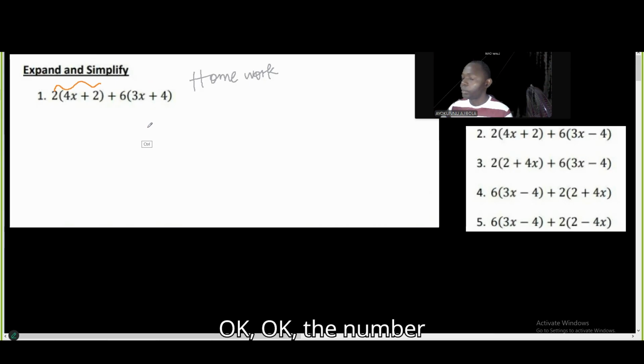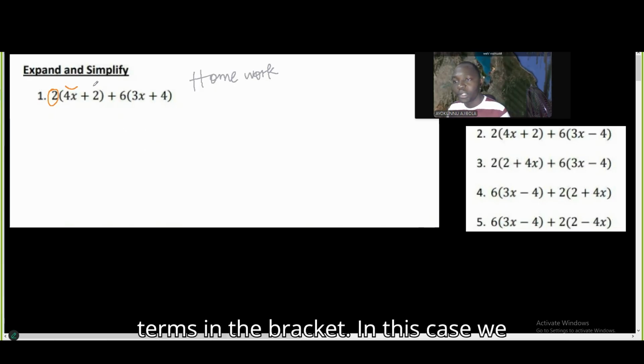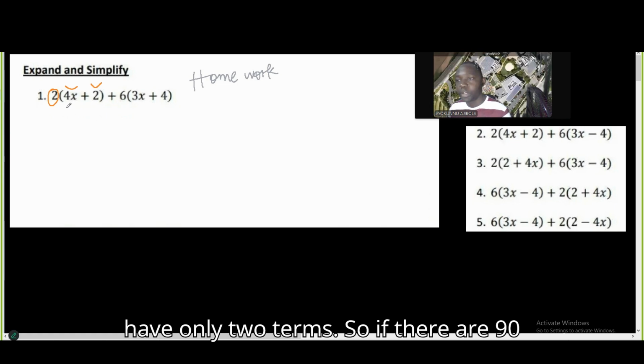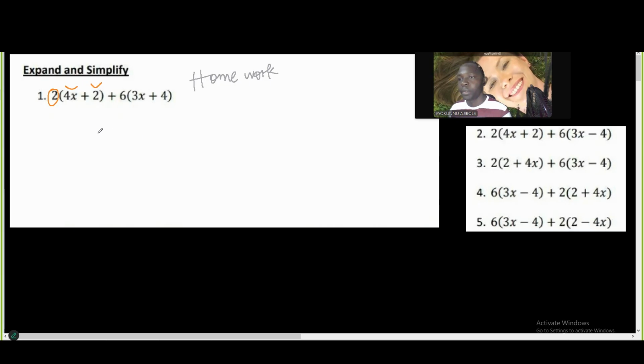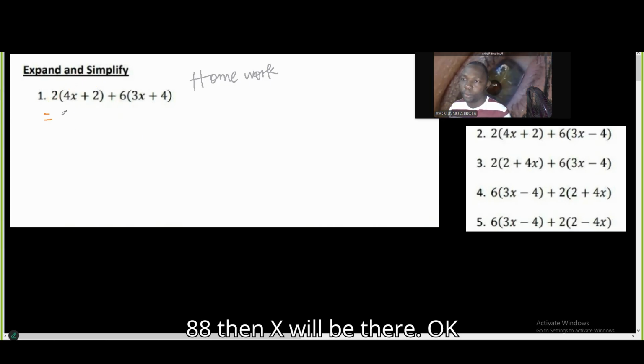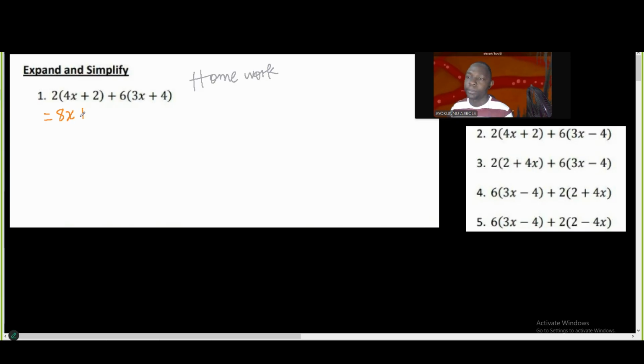The number outside will multiply all the terms in the bracket. In this case, we have only 2 terms. If there are 90 terms, you keep multiplying all of them. So what is 2 times 4? 8. Then x will be there, okay? What is 2 times 2? 4.